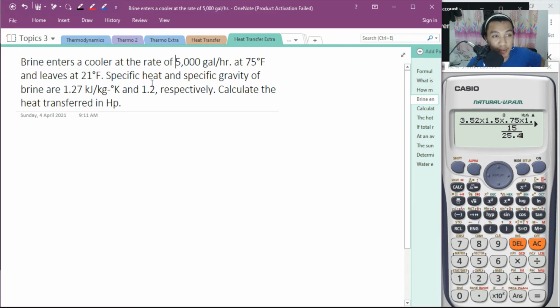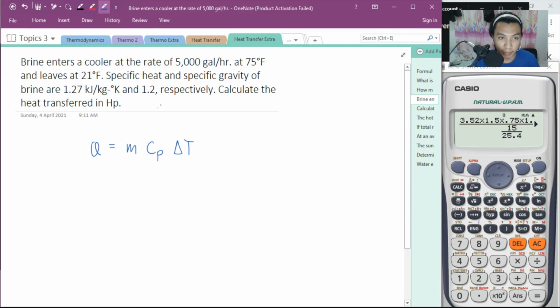Specific heat and specific gravity of the brine are 1.27 kilojoule per kilogram degree Kelvin and 1.2 respectively. Calculate the heat transferred in HP. Basic lang yan. Q is equal to M Cp delta T.